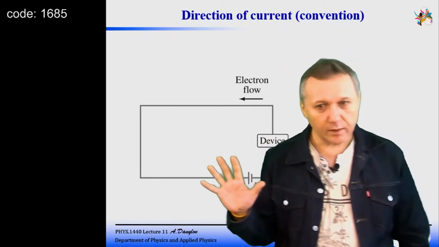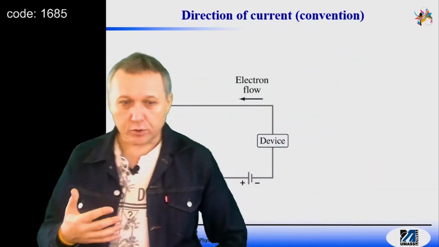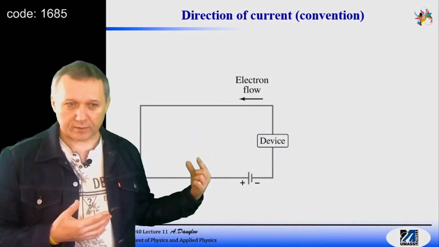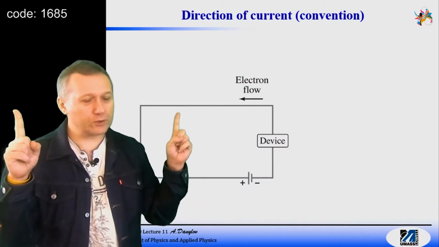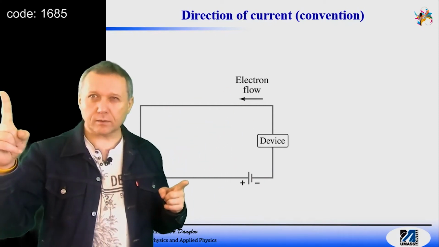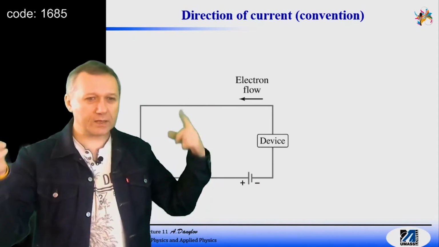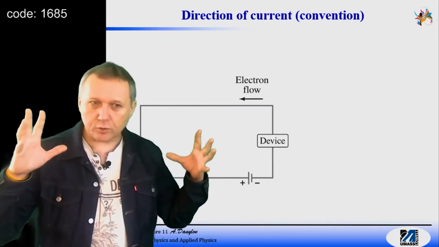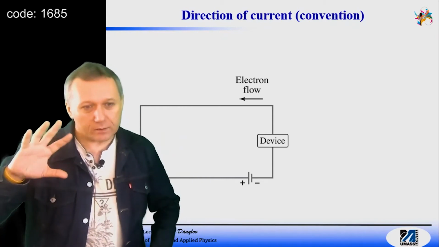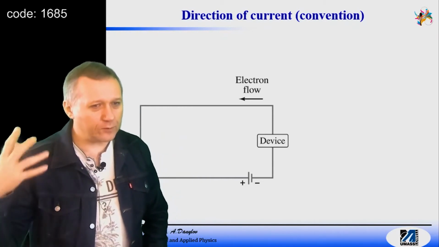Now let's imagine we choose the direction of current from minus to plus. As a result, you have to think every time: electric field from plus to minus, current from minus to plus, plus minus, minus plus. Sooner or later, your brain will start skipping a bit, and you will start getting confused occasionally.